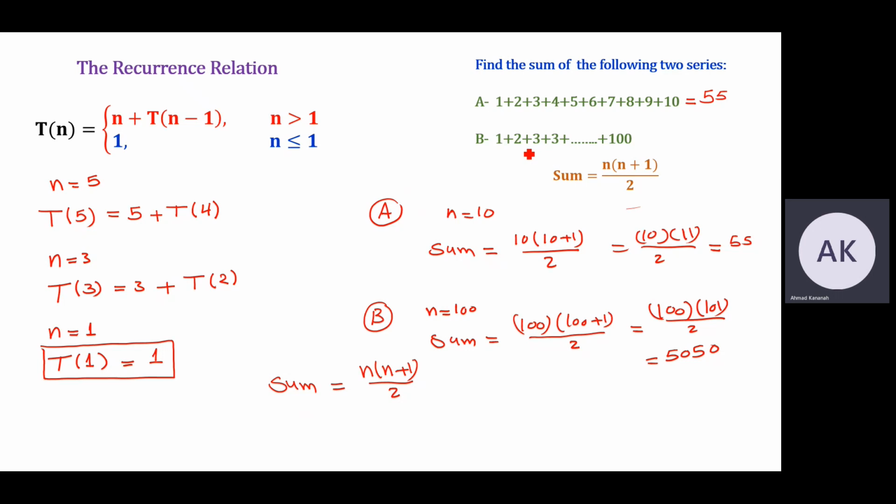N represents how many numbers are in the series, and the difference between two subsequent terms is 1, as in 1, 2, 3, 4, 5. We do not apply this when we need to find the sum of 1, 3, 5, 7. When we compute the runtime complexity, we will use this formula. So remember this formula.